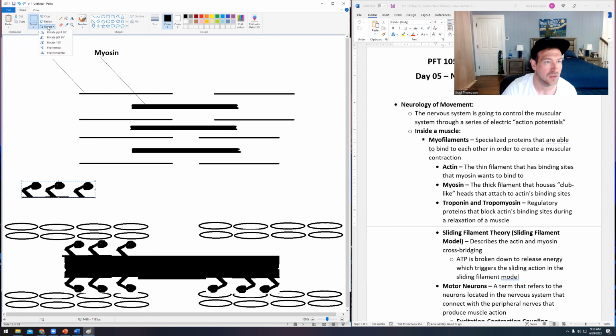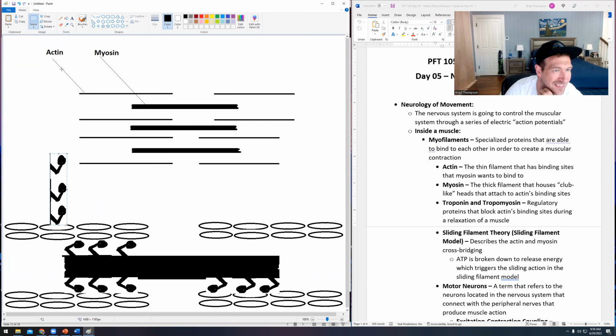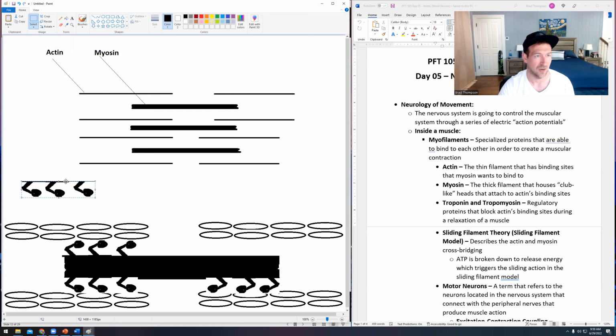And why can't I figure out how to do this? You know what? I'm just going to draw new ones. We're almost done anyways. There we go.